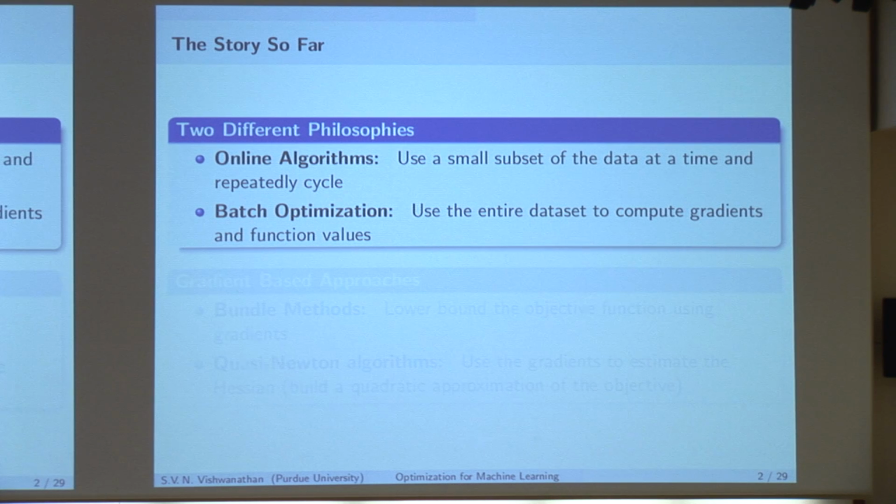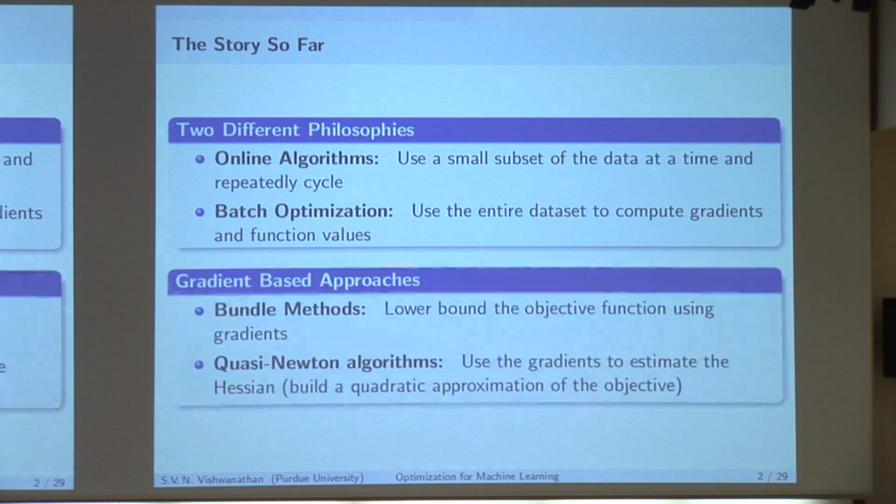While what we saw in the first lecture is an example of a batch optimization algorithm, which means you assume that your entire data set is available to you in one shot. You evaluate your function, you evaluate your gradient, and you keep on doing your optimization. We'll come back to something closely related to online learning algorithms if I have time later in the lectures, but now we are in this batch optimization mode.